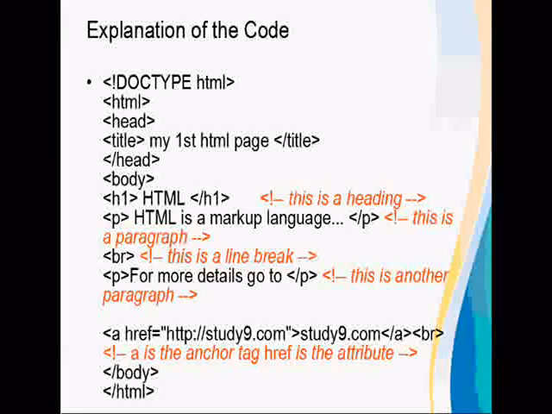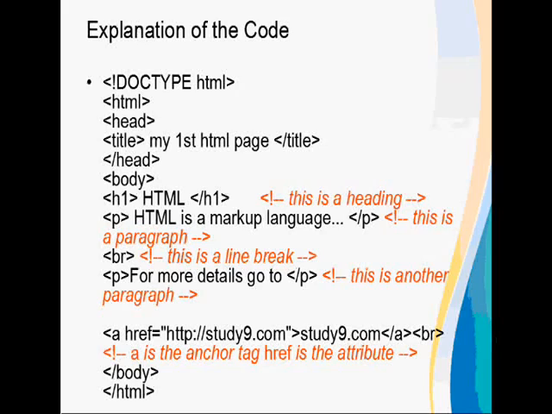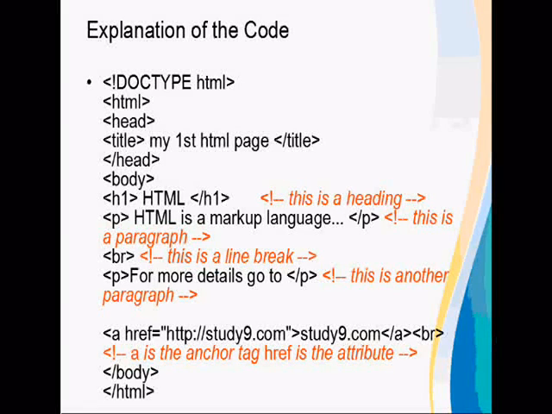H1 makes the biggest heading and it gradually comes down from H2 to H6. Now come to the next line, that is the text between P and /P. P is the paragraph. So the text between P and /P is displayed as a new paragraph. Next is BR, which means single line break. The BR tag is an empty tag in HTML, which means that it has no end tag.